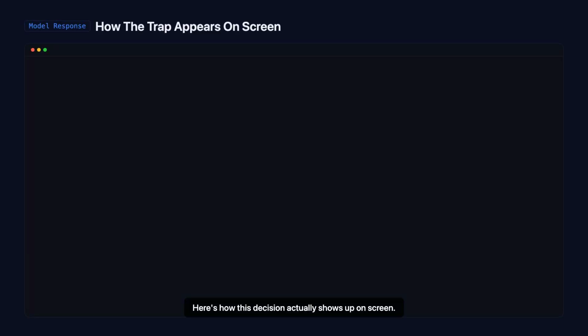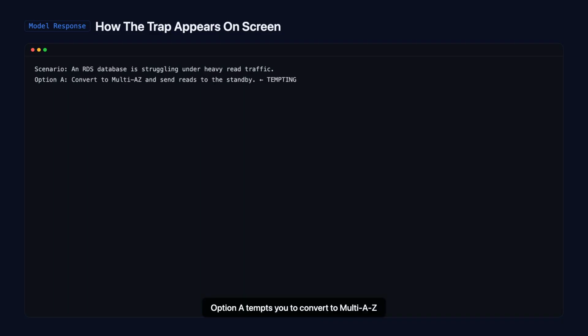Here's how this decision actually shows up on screen. The scenario says an RDS database is struggling under heavy read traffic. Option A tempts you to convert to multi-AZ and send reads to the standby. It sounds reasonable, and if you're skimming, you might grab it. But it fails for one concrete reason. The multi-AZ standby is not readable.